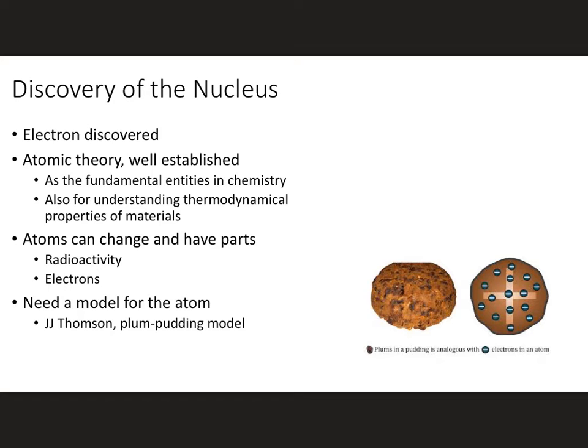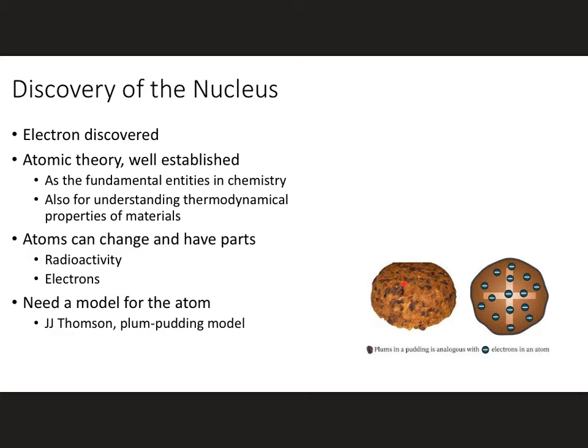However, atoms had parts. They could also change. We knew that due to radioactivity having been discovered, and also the electron being discovered by J.J. Thomson. And so one needed a model for how this thing that could change and have parts, how those parts went together. J.J. Thomson proposed the plum pudding model, in which you have a kind of uniform pudding of positive charges in which the electrons that he had discovered were the plums.